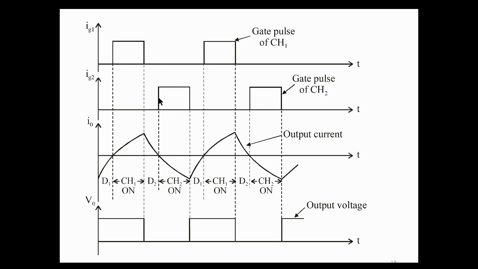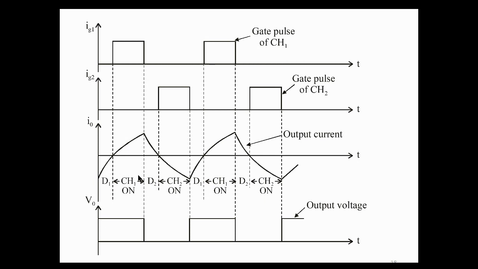When we analyze, we have diode 1 conducting, as you'll recall, when chopper 1 was turned on. That's why we have this increase in current, and of course the voltage was positive.